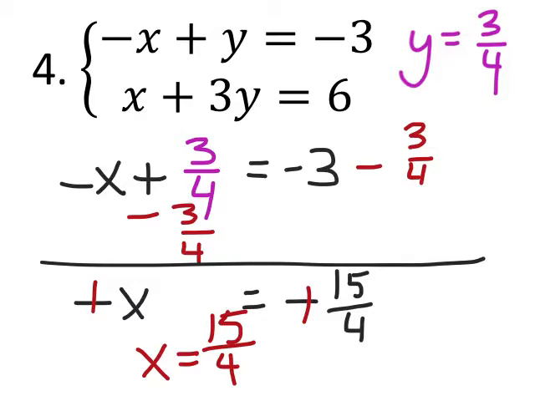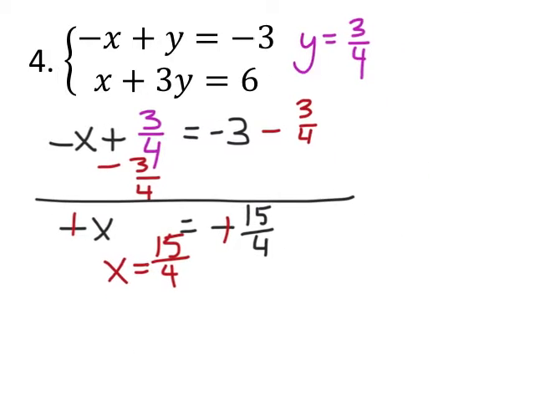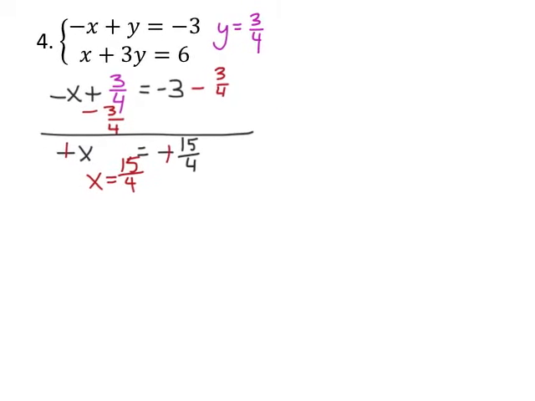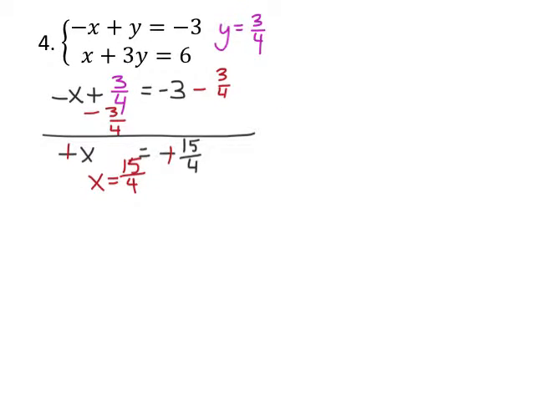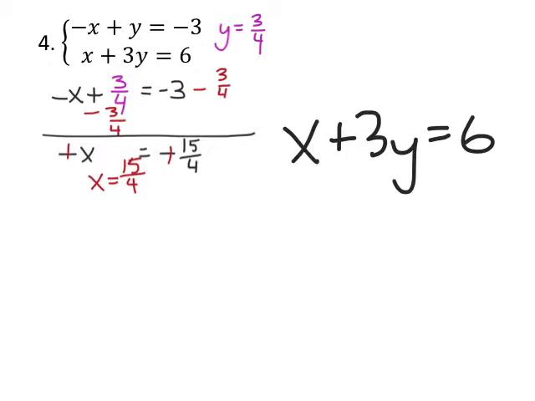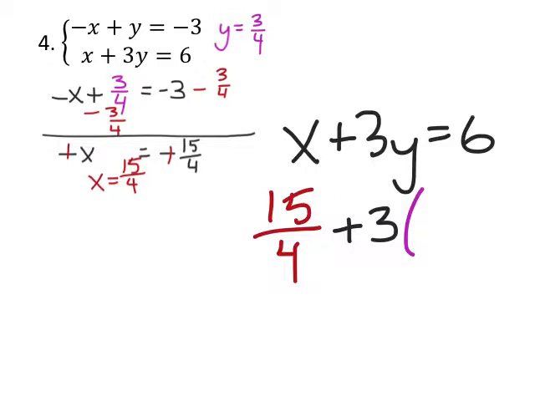So I used that top equation. That allows me to use the bottom equation just to check my answer. And then I'll write the answer as an ordered pair. So that's x plus 3y equals 6. X we're saying is 15/4 plus 3 times y, which is 3/4, should equal 6.